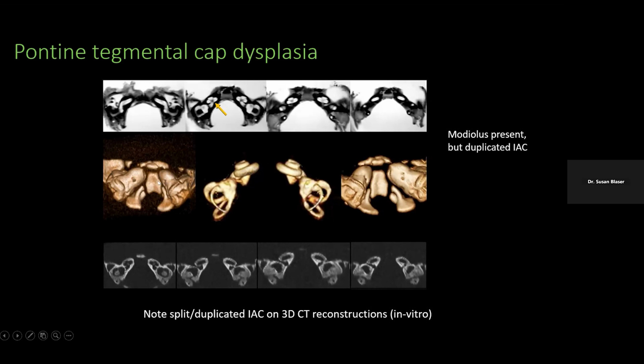So this was going to be one that's got a split or a duplicated IAC. Here you can see the modiolus is present. You really don't see anything going out that looks like it would support a nerve. And I promise you that even though you do see foramina here for your split nerve, those nerves are not going to be functional. So again, there certainly was a modiolus present on this one, just no IAC, and the brainstem was the clue.